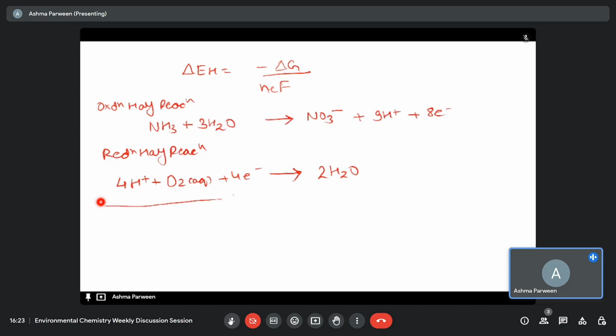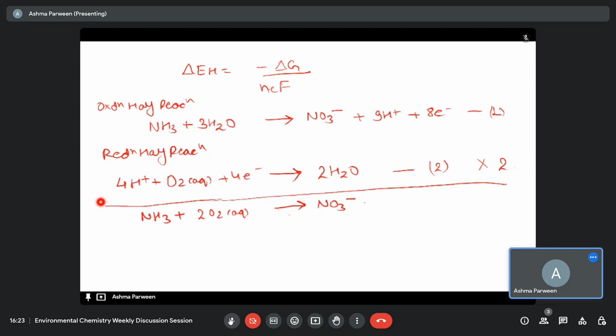To write the overall reaction, let's assume this is reaction 1 and this is reaction 2. To balance the number of electrons, we multiply reaction 2 by 2. So it will be NH3 plus 2 O2 giving NO3 minus plus H plus plus H2O, with 8 electrons on each side. So n is 8.